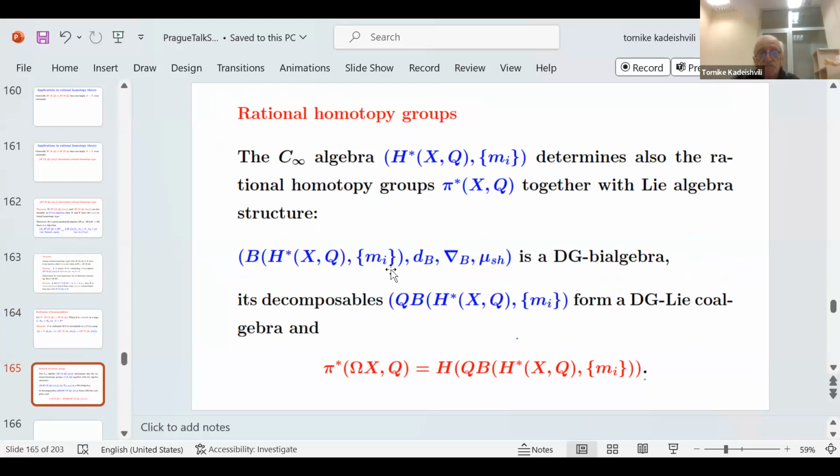We take a bar construction. The bar construction now is not only a coalgebra, but an algebra. An algebra has non-divisible elements, Q elements, and homotopy is the homology of non-divisible elements. This is a complete invariant.